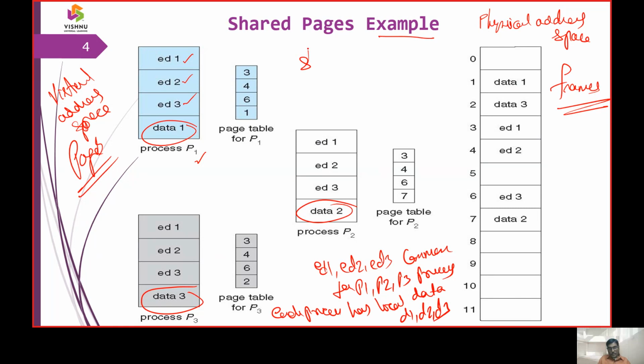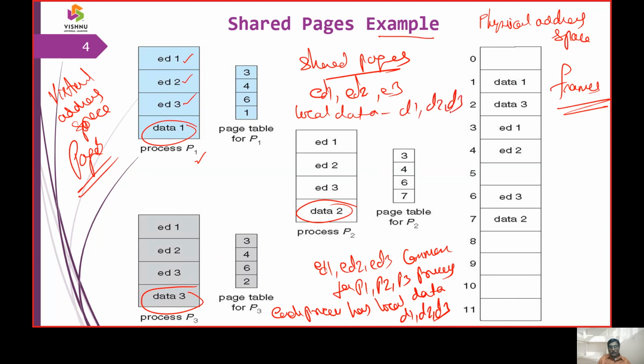So the shared pages will be ED1, ED2, and ED3, and the local data will be D1, D2, and D3.